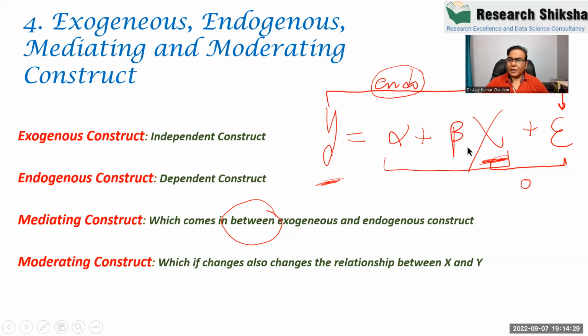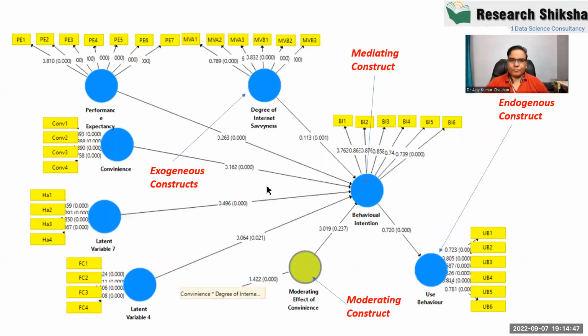X is the exogenous variable, and in SEM we also have mediating and moderating variables. We will also discuss mediating and moderating someday. If you see this model, the degree of internet savviness is independent, so it is called exogenous.